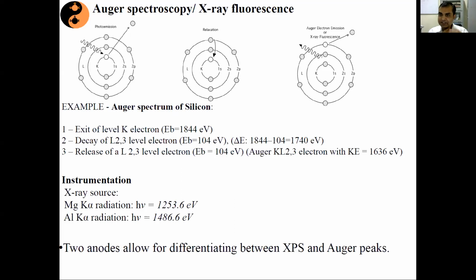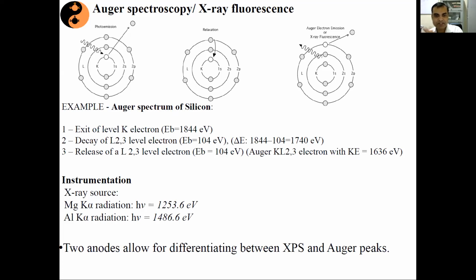That electron is not the photoemitted electron; rather, it is an Auger electron. So Auger electron emission also occurs in the photoelectron process, besides the photoelectron.